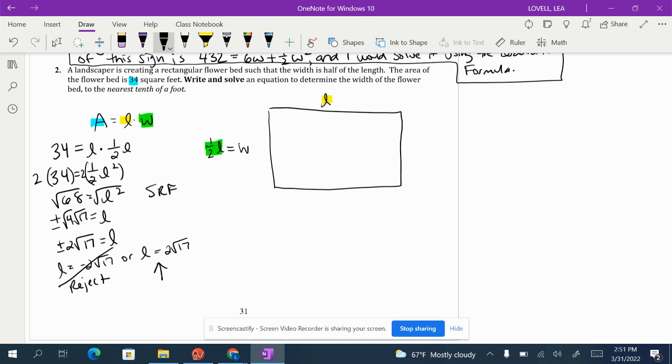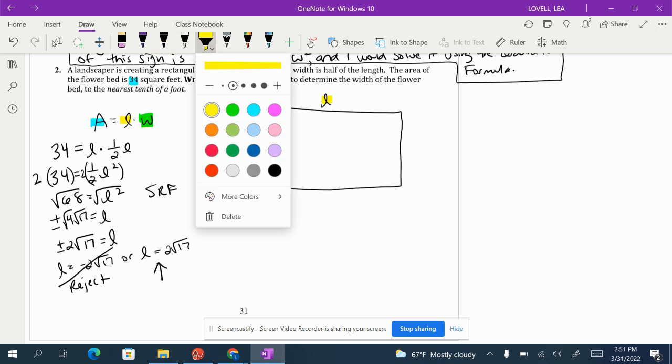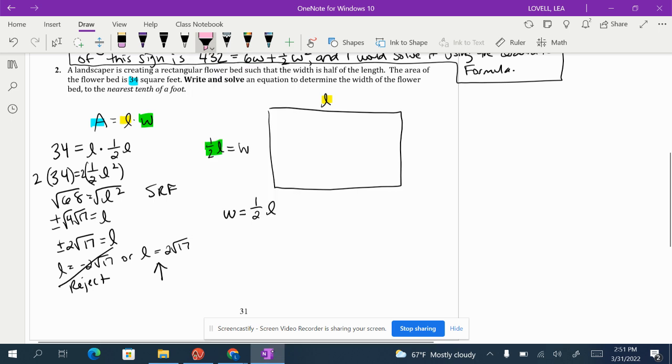So here it says that we need to find the width of the flower bed, and we have only found the length. So we are going to use the length to find the width. So let's start with the formula for the width, and then let's substitute in our known value. So we have a value for L, which is 2 times the square root of 17. Let's put that in there.